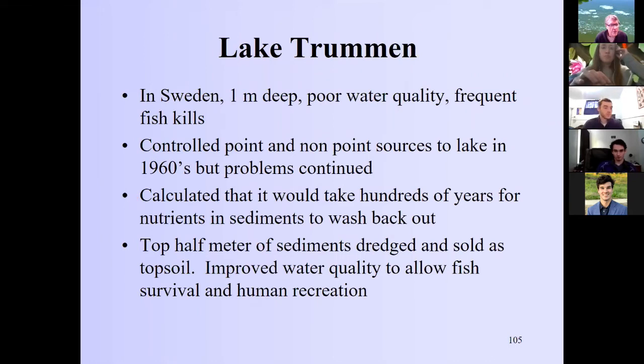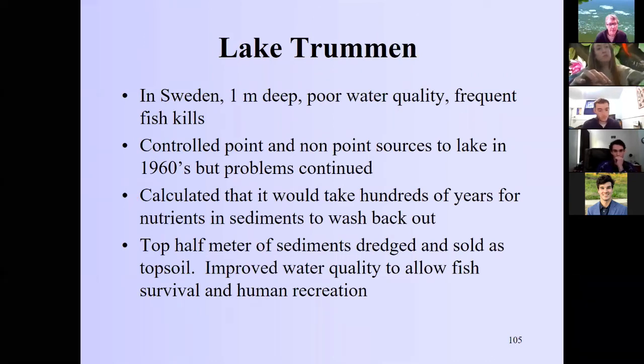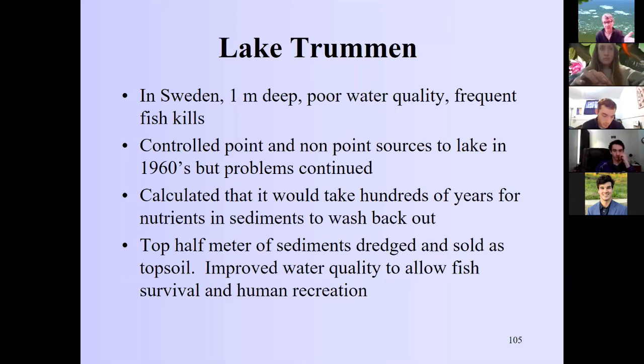Another example is one where they pushed it past that point. And this is a lake in Sweden, Lake Trummen, 1 meter deep, had horrible water quality, frequent fish kills. They said, okay, we'll control the phosphorus. And they basically piped the sewage out of the watershed somewhere else, controlled the point and non-point sources of the lake.